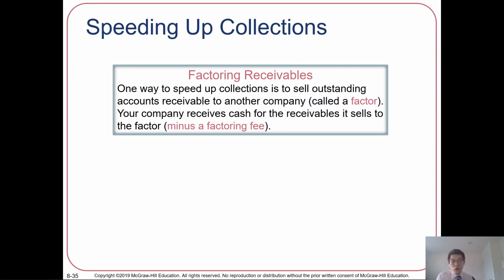For example, if you have $1,000 accounts receivable that you think you are not able to collect, you can sell it for $800, which is a 20% discount, to a third-party debt collection company. They give you that $800 cash and have the authority to collect the $1,000 from your clients.